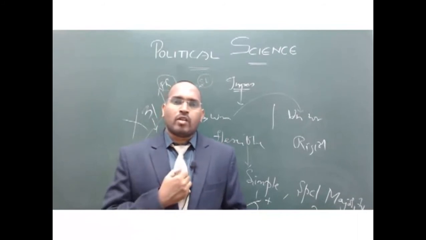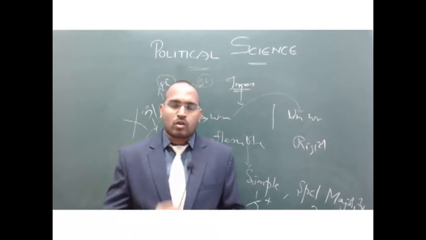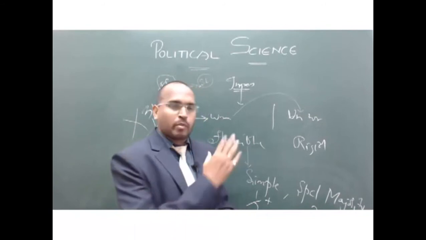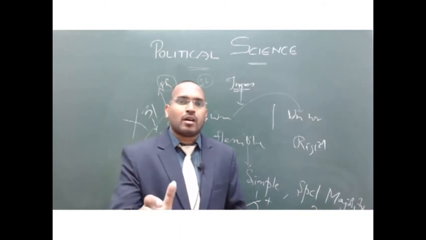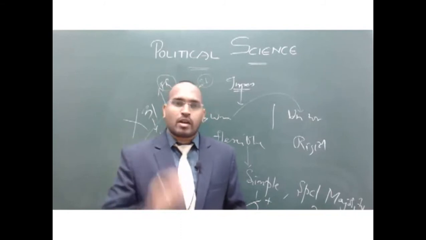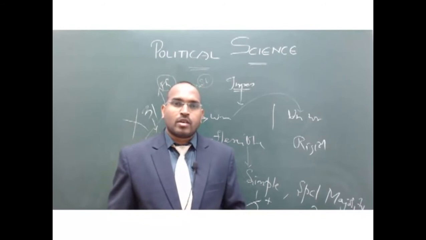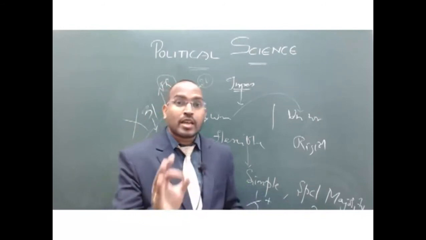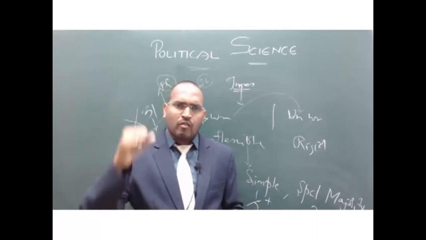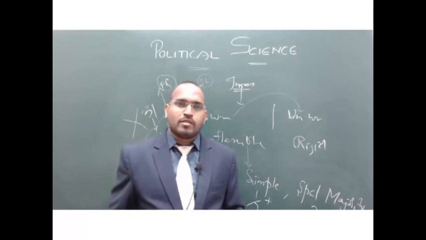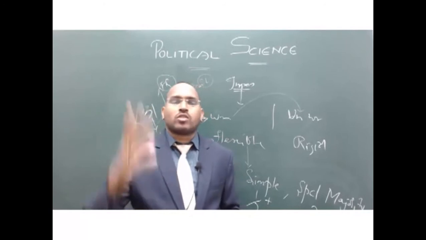If we, the Lok Sabha, want to amend any fundamental right, a special majority is needed. Everything is mentioned in the Constitution. That is the greatness of the Indian Constitution.